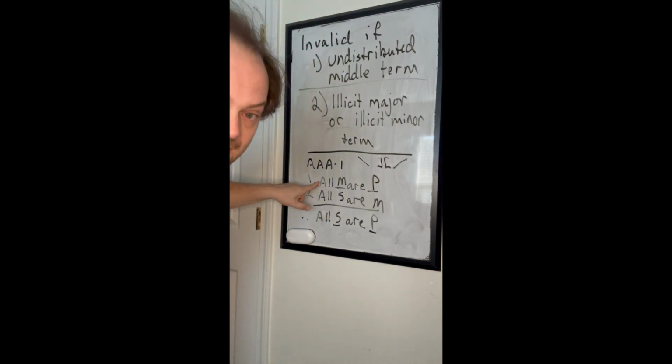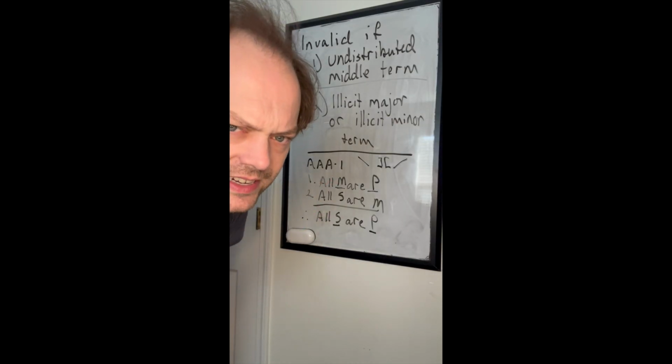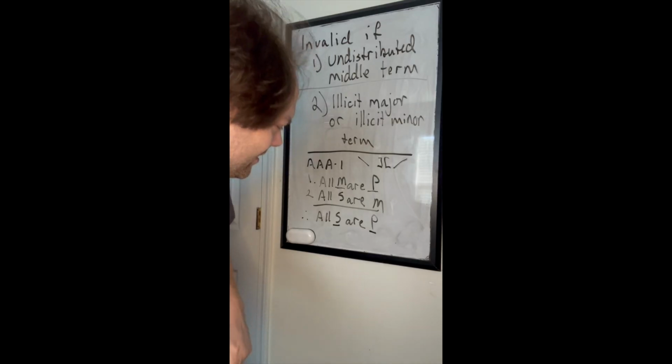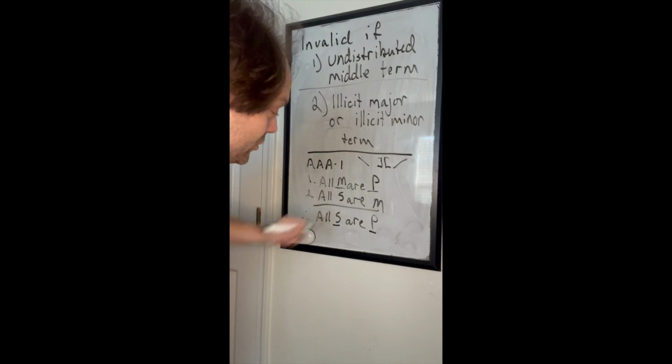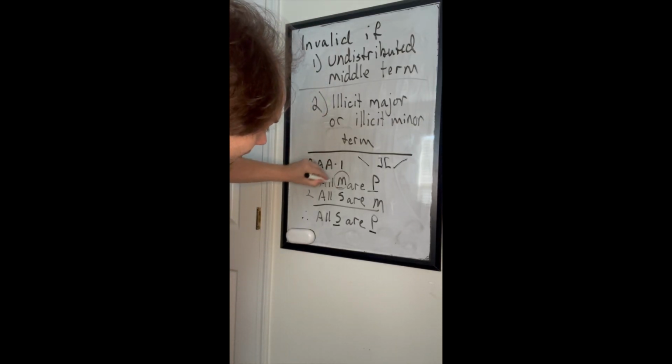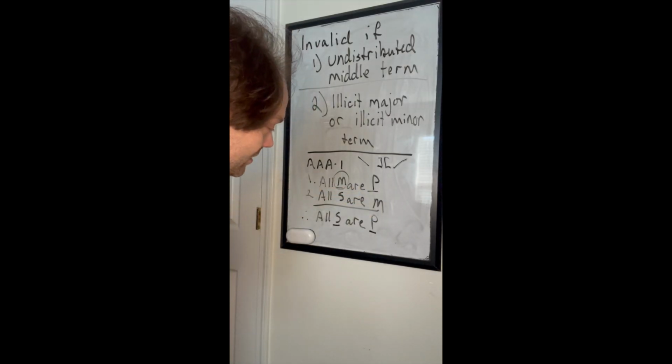So here we've got Barbara, which we probably can already sense, remember, or maybe we could just tell, is a valid syllogism. Do we see that the middle term is distributed at least once? Yeah, absolutely. Right here, all the M's are P. We say something about all the M's.